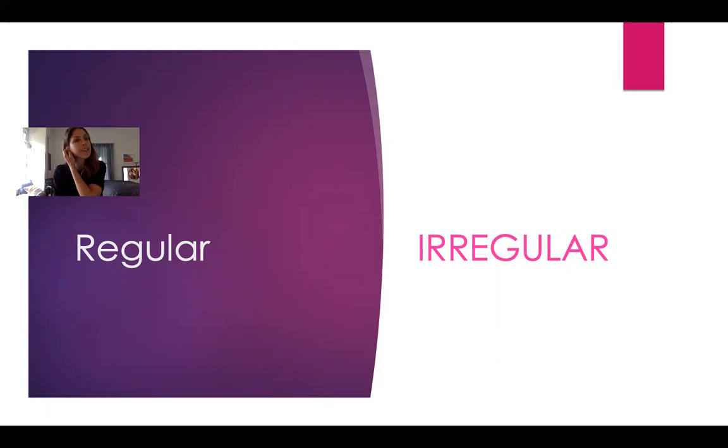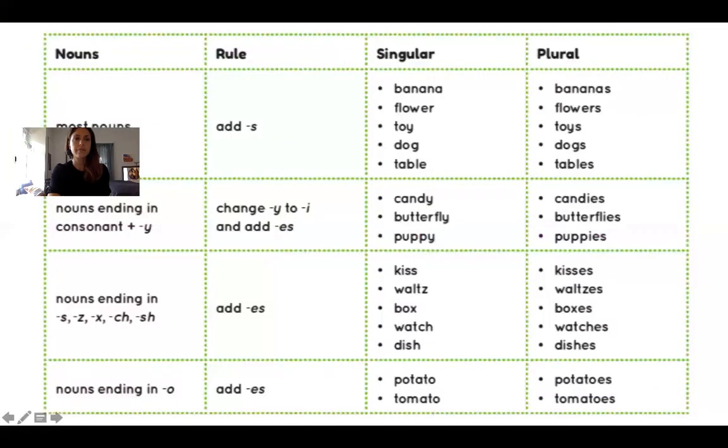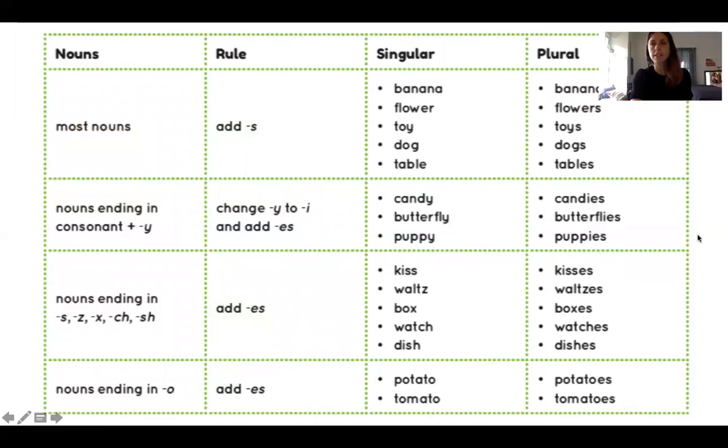Now, regular and irregular is very attached to singular and plural because if something is irregular, it will show us that in the pluralization. So let's take a look at it. Awesome. So feel free to pause this and take a few minutes to read through this, but this is actually going to be talking about the spelling of pluralized words. Okay, we're talking about nouns.